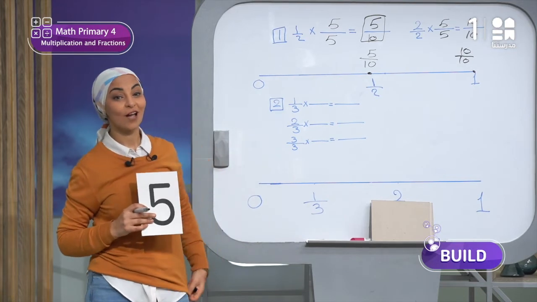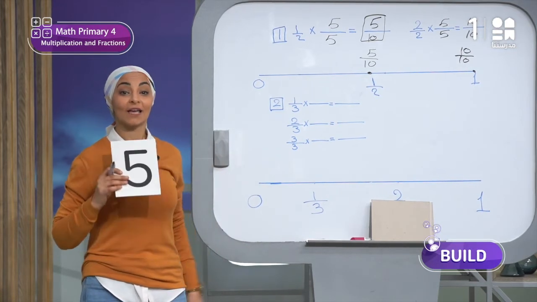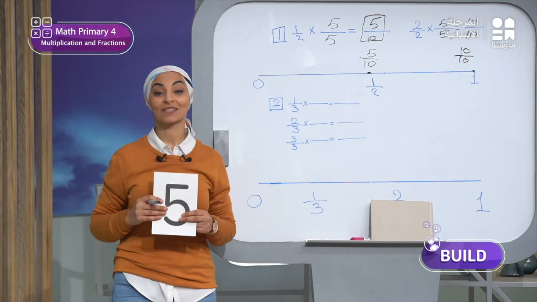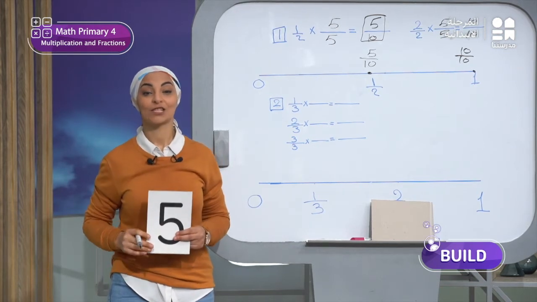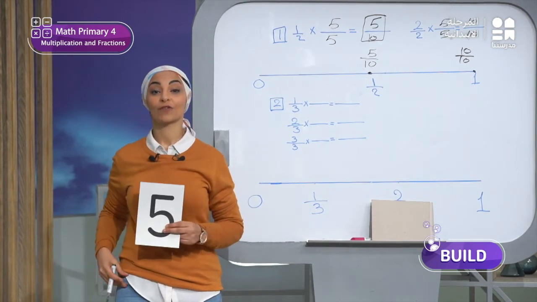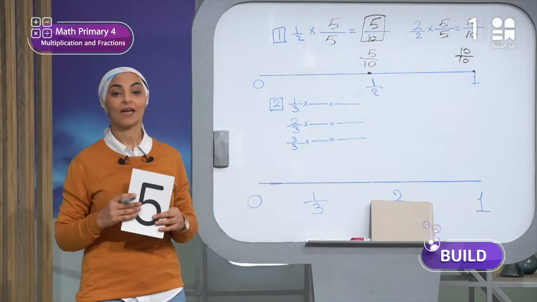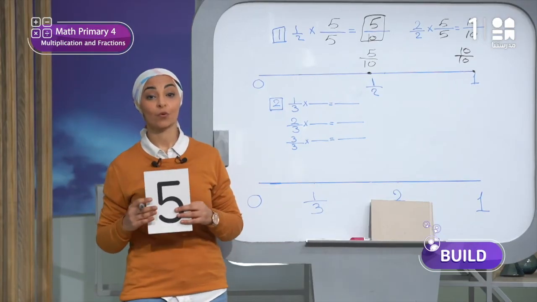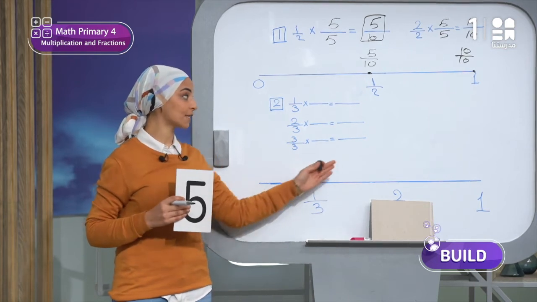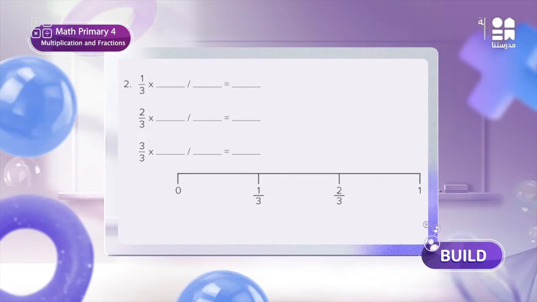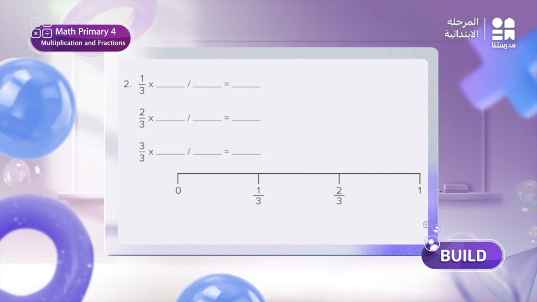And now it's your turn. I will give you some time to try this activity and I will be the one who's choosing the second card for you. And you will create the fraction equivalent to the card number and multiply it by 1 over 3, 2 over 3 and 3 over 3. طيب, and then you will write the answers next to the equivalent fractions on the number line زي ما احنا عملنا في the first one. Now I'll give you some time to solve this and then we'll review the answer all together when we get back.